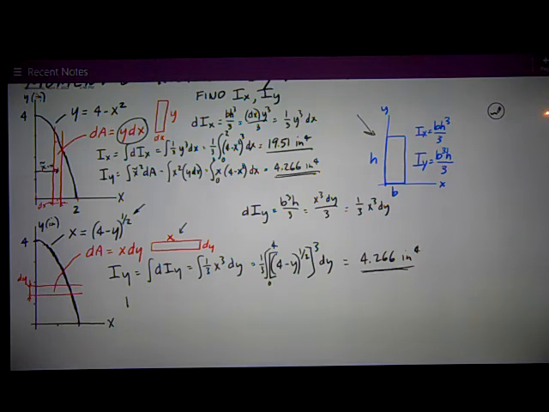So now for Ix, I'm going to use the equation sheet, which says that Ix is equal to the integral of y tilde squared dA. Well, for any differential element, y tilde is just equal to y, wherever it is on the curve. So this becomes the integral of y squared dA, and dA is x dy.